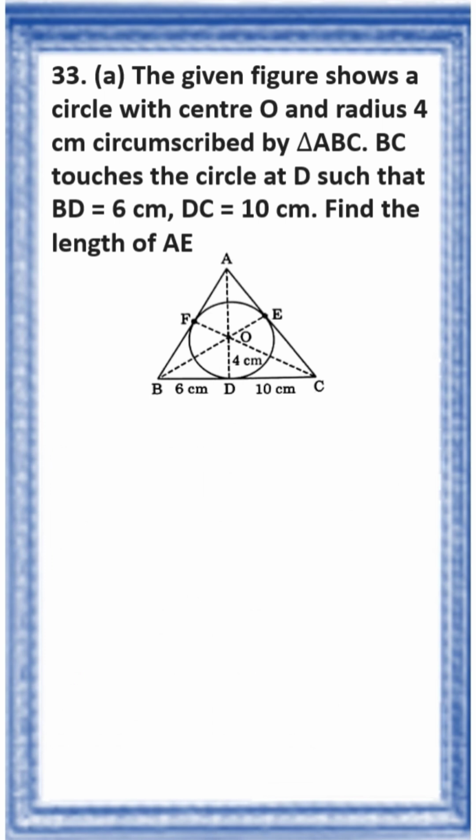The given figure shows a circle with center O. This is the center, it is O. Radius 4 centimeter. This is 4 centimeter. Circumscribed by the triangle ABC. BC touches the circle at D such that BD is 6 cm, DC is 10 cm. Find the length of AE.